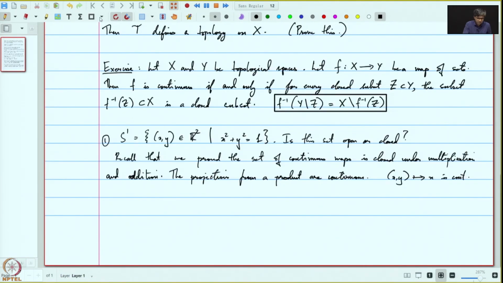Right? So just for fun, we have both these maps, (x, y) goes to x and (x, y) goes to y, are continuous. Right? So we can make the graph of this map (x, y) goes to y. Right? So let's say this is going to be the y-axis.